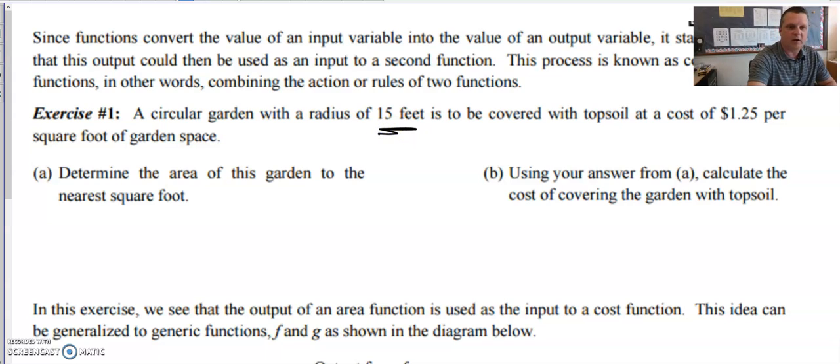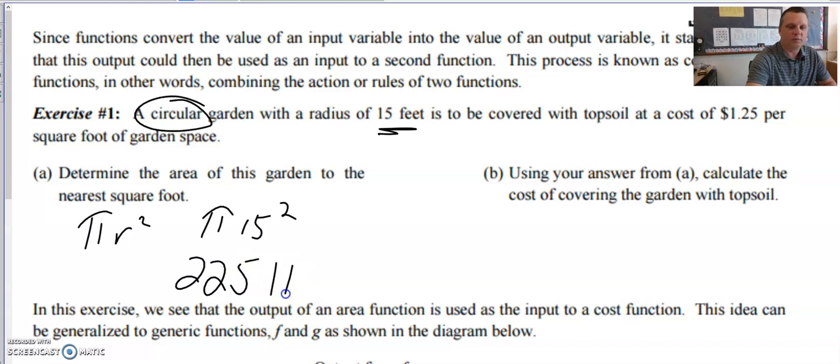The area of a circular garden is pi r squared. So r is 15, we put in 15 for r, and we get 225 pi, which is approximately 707 square feet.